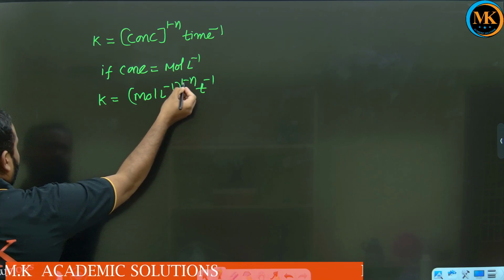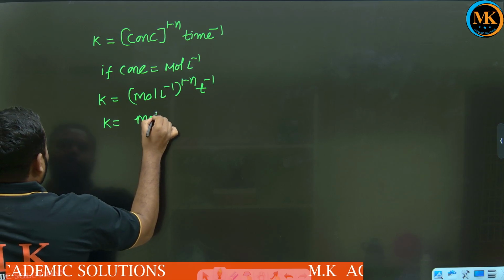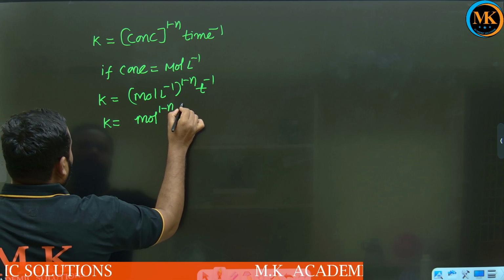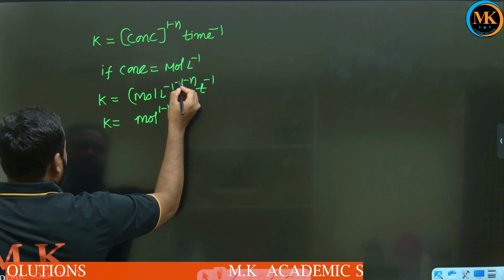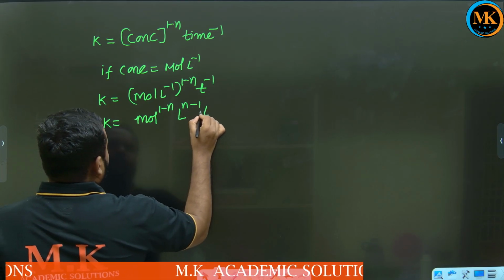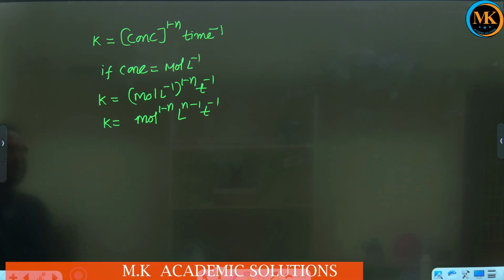Multiplying into the bracket, we get mole power 1 minus n, liter power n minus 1, and time inverse. This is about the units of K.